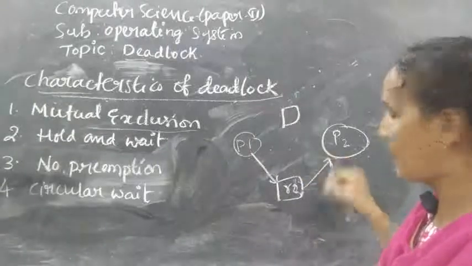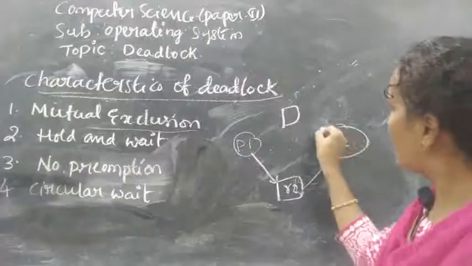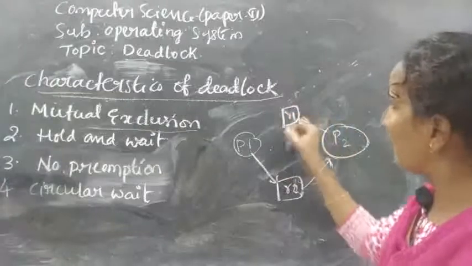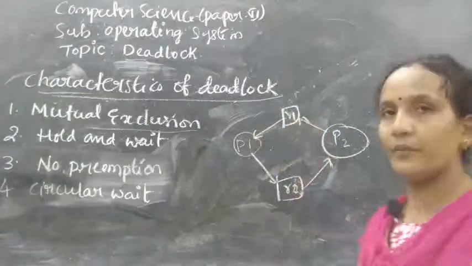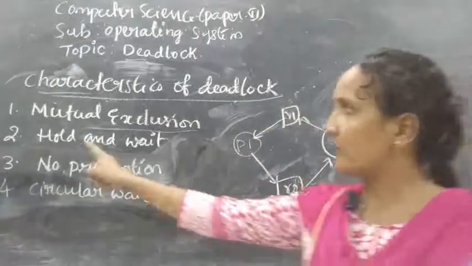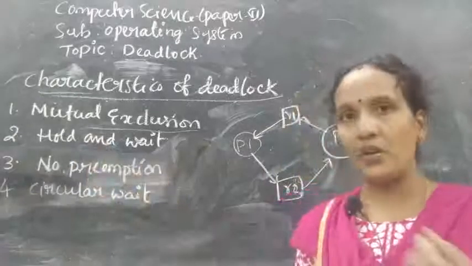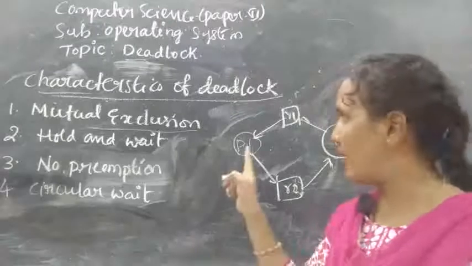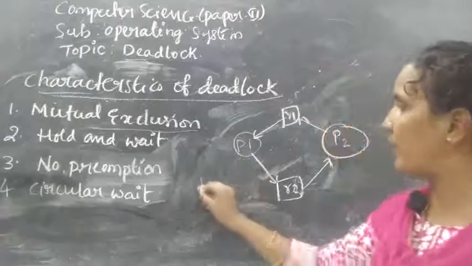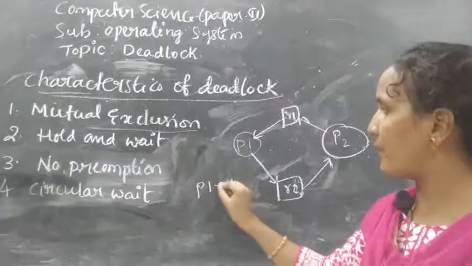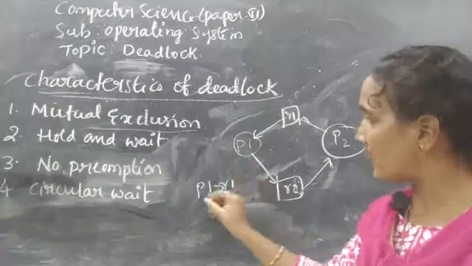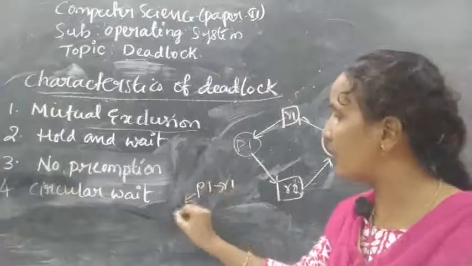R2 is held by P2, and P2 is requesting R1, and R1 is held by P1. So here, hold and wait: a process is holding one resource. Here P1 is holding R1, and it is requesting R2.